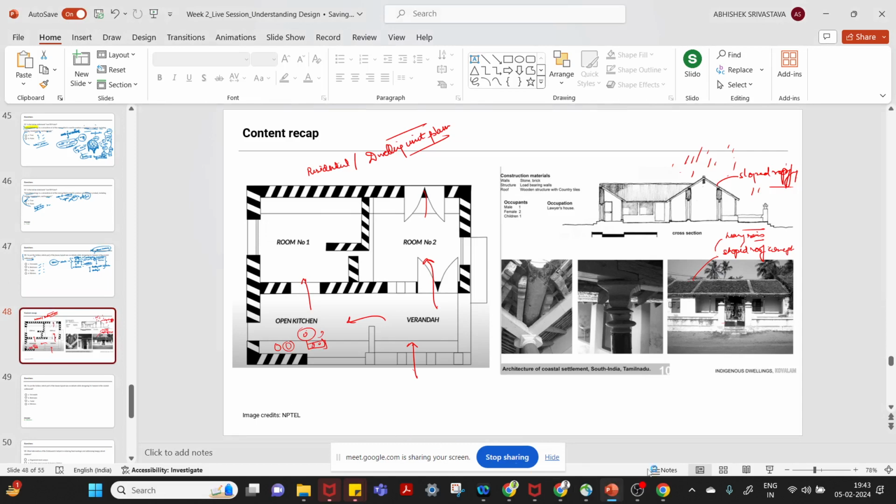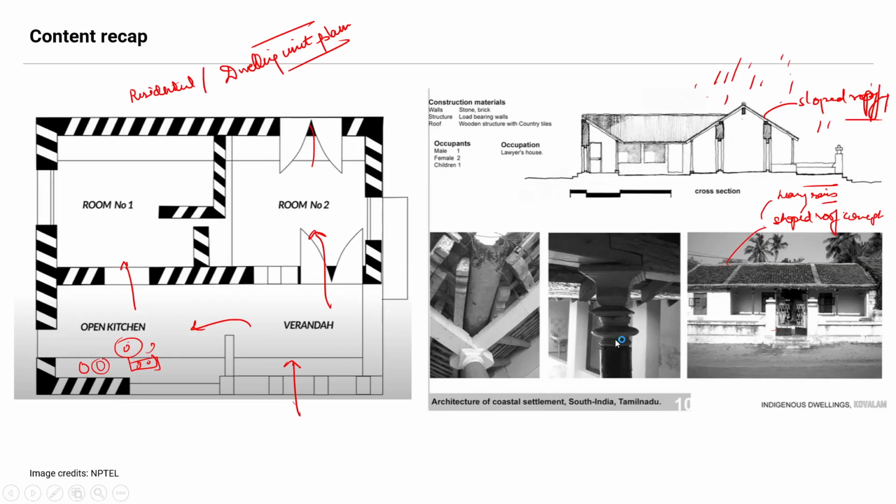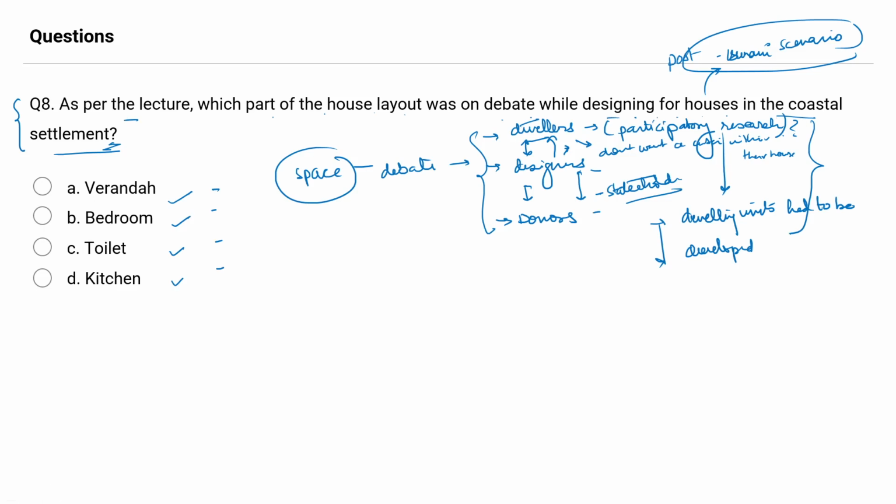Right. So coming back to the presentation, the question was, as per the lecture, which part of the house was on debate while designing for houses in the coastal settlement? So we talked about the three stakeholders, and these stakeholders were basically the designers, who are in constant touch with the dwellers. The designers are in constant touch with the donors of the project.